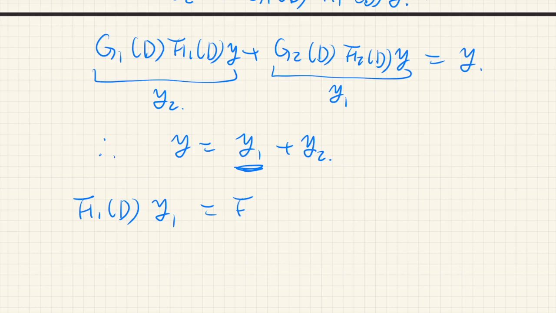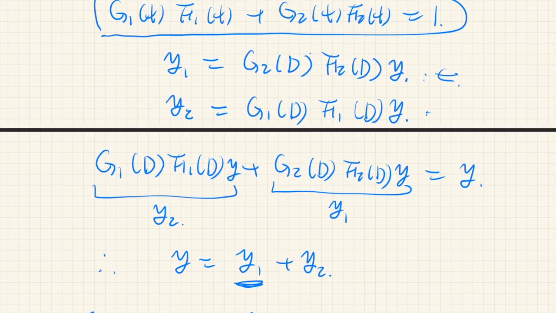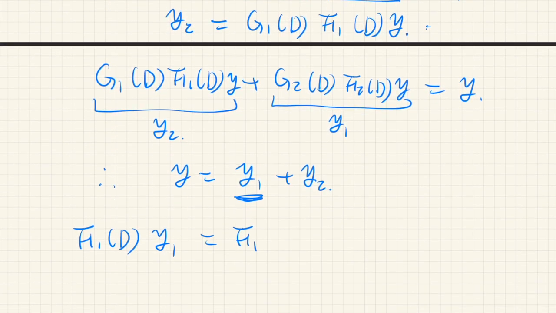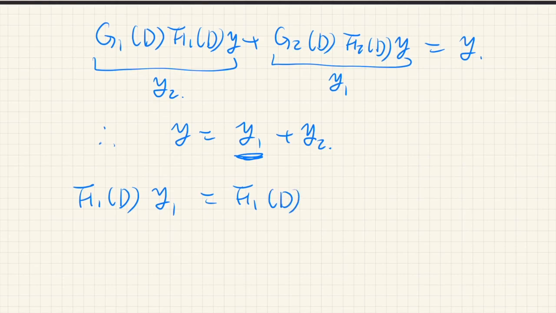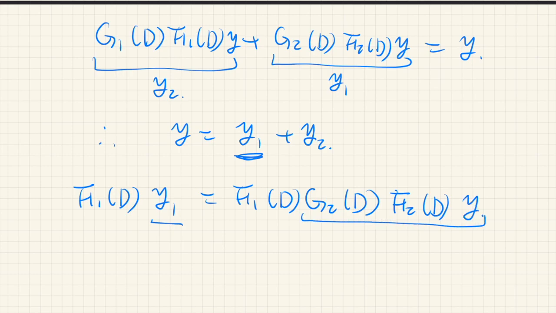Then, by the definition of y1, we have f1 of d, g2 of d, f2 of d applied to y. So this part came from the definition. And now these differential operators are commutative, so we can just swap the order.